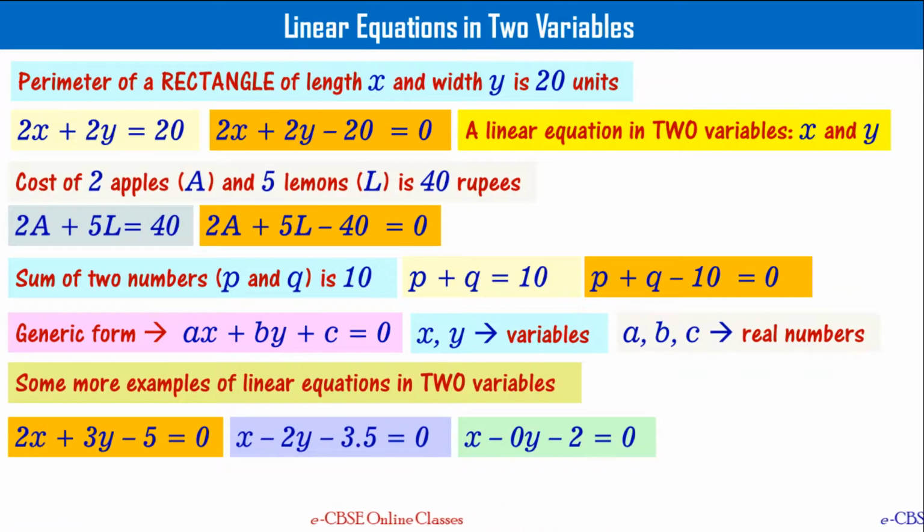Though this equation can be written as x minus 2 equal to 0, this can also be said to be a linear equation in two variables because the coefficient of variable y is 0. Please take a note of that. If you write it as x minus 2 equal to 0, then it is a linear equation in one variable. But this can also be said to be a linear equation in two variables when the coefficient of y is 0. I hope you understand that.